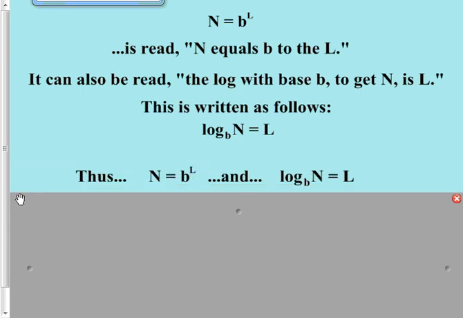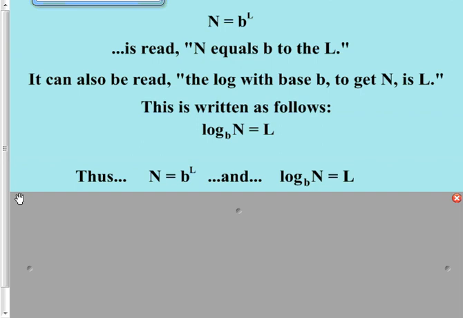Anyway, moving on. This means that the two formats that you're looking at on the screen right now are identical, even though they obviously look very different. On the left side, that's what we call exponential form. Some number is the result of a base raised to a logarithm.